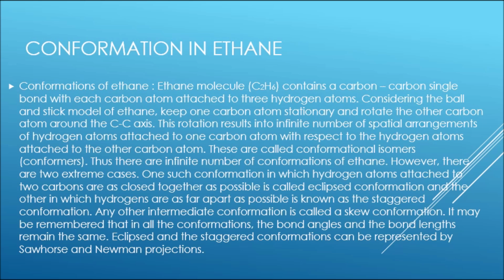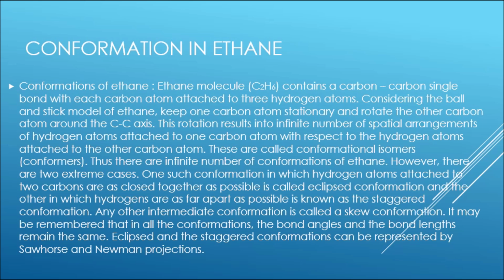This rotation results in infinite number of spatial arrangements of hydrogen atoms attached to one carbon atom with respect to the hydrogen atoms attached to the other carbon atom. These are called conformational isomers. Thus, there are infinite number of conformations of ethane.